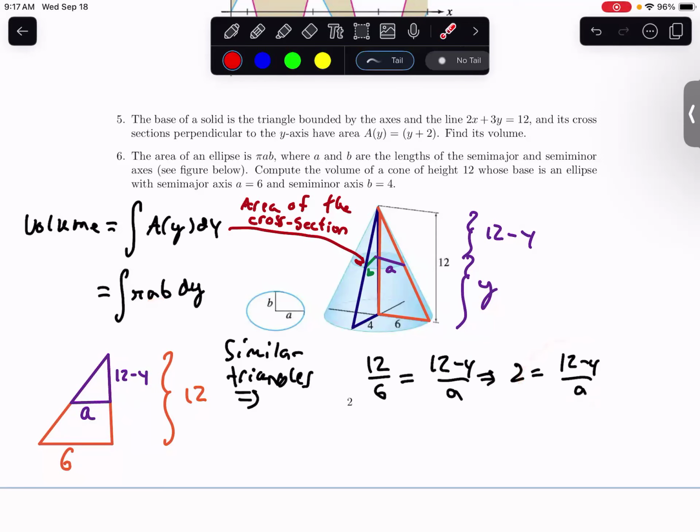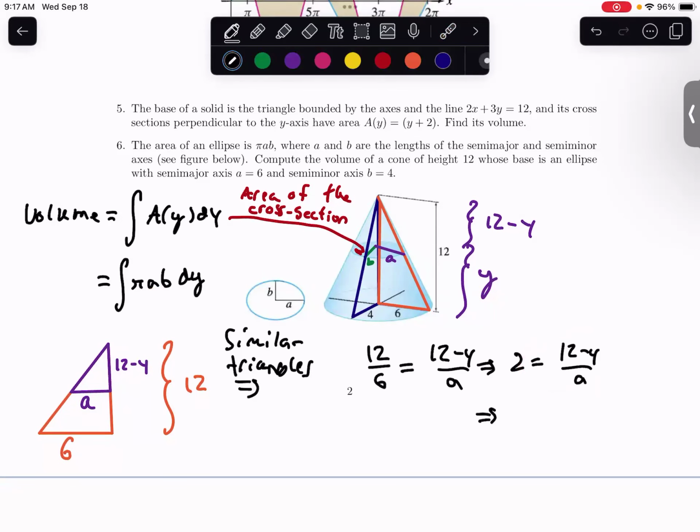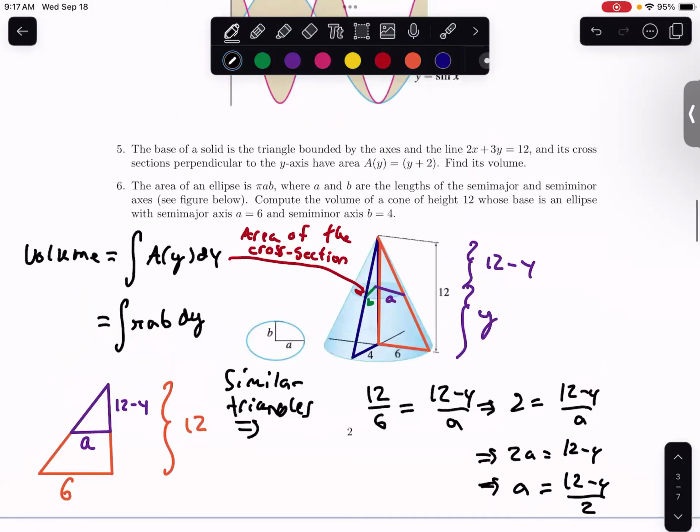So you just solve this equation for A. In doing so, you get 2A is equal to 12 minus y. You can divide both sides by 2 to get that A is equal to (12 minus y) over 2. Okay, so that's the first part.